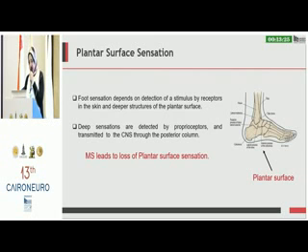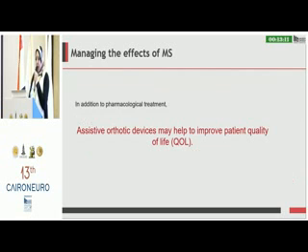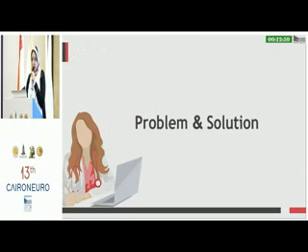Therefore, we need a solution to help multiple sclerosis patients keep their balance and posture stability. In addition to the pharmacological treatment, we also need assistive orthotic devices that may help improve the patient's quality of life.